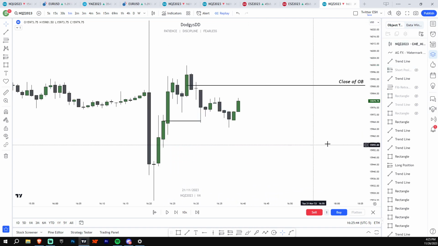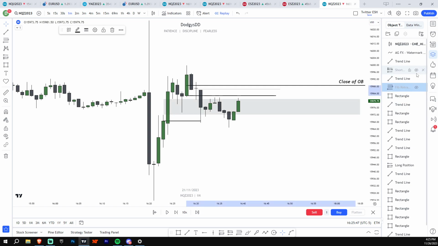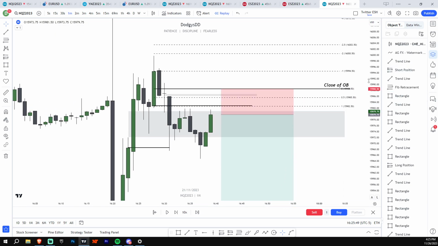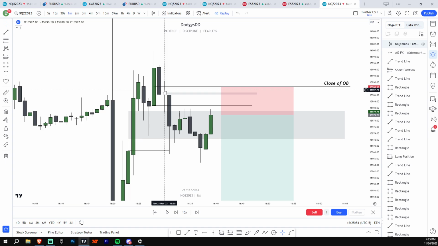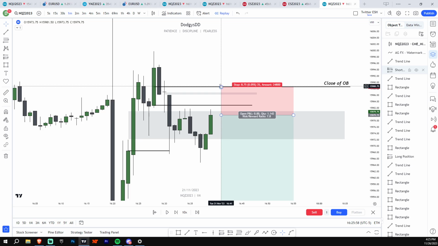About the other thing, I'm just trying to show you in this example, if there was an OB right here, instead of having the close above the fair value gap, you could just have it as a hard stop right here, because if we're having good price action and price truly is bearish, well then both of them should ideally hold.